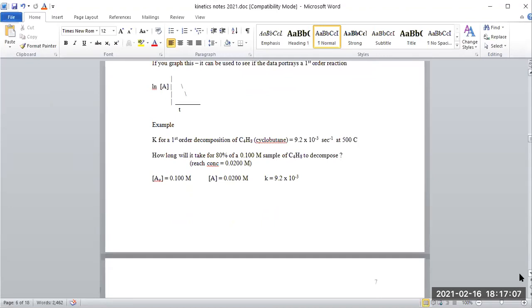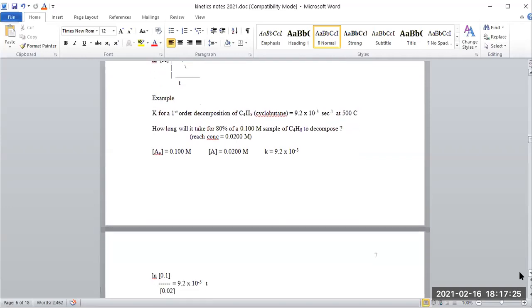Not 80% left, 80% gone, 20% left. So my original concentration is 0.1 molar. Take 20% of 0.1, you end up with a much smaller value. You end up with 0.02.